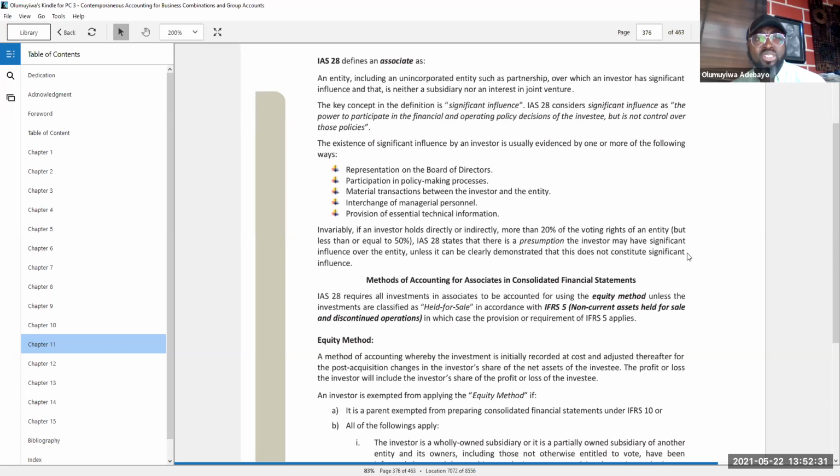Now, having qualified as an associate, the next hurdle we need to cross is to ask ourselves a simple question. How then do we account for our stake in an associate? Are we going to account for it in similar vein as we have accounted for financial instruments in terms of financial assets, since it's an equity investment?